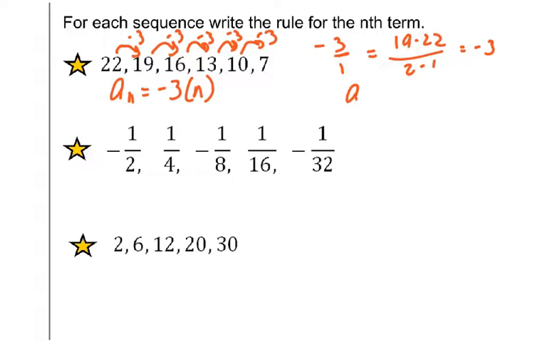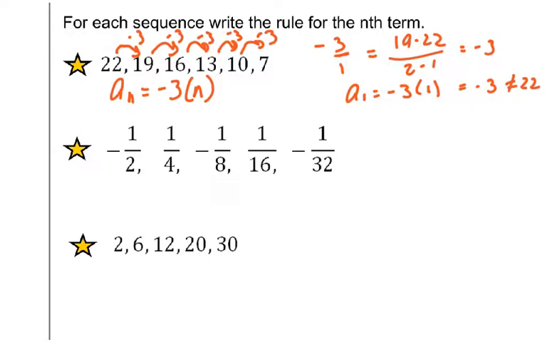So we can try that. A sub 1 equals negative 3 times 1. But that only equals negative 3, not 22. So it's clear that our rule has, since it's linear form, like y equals mx plus b, a y-intercept other than 0.